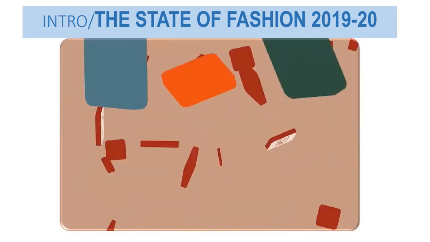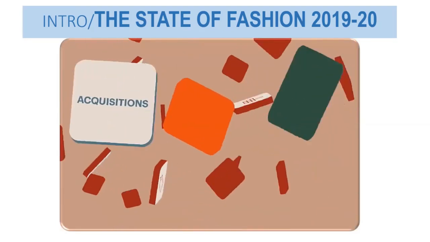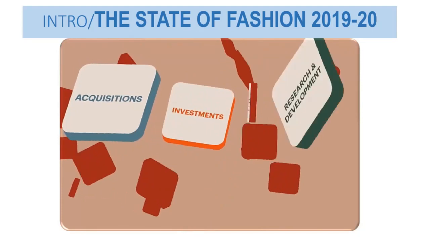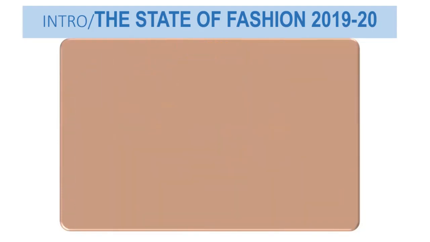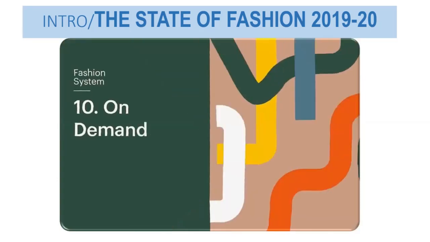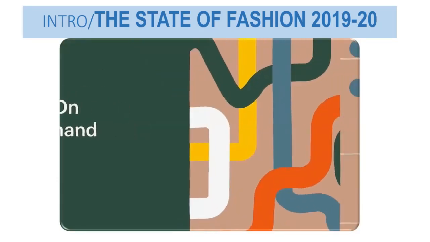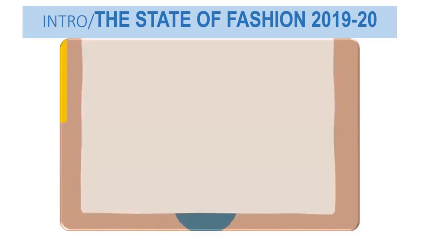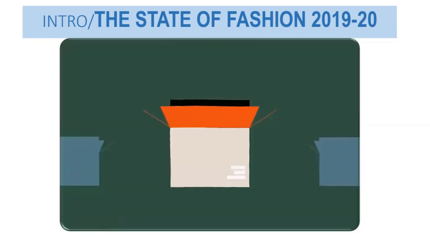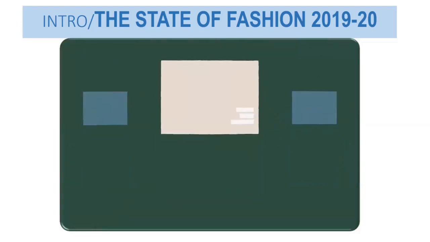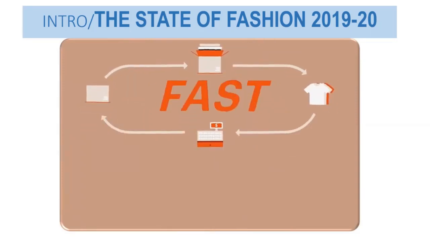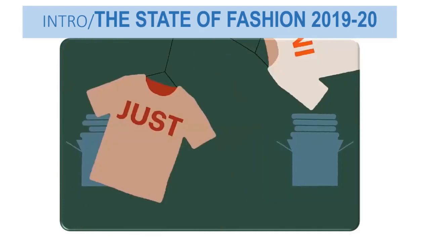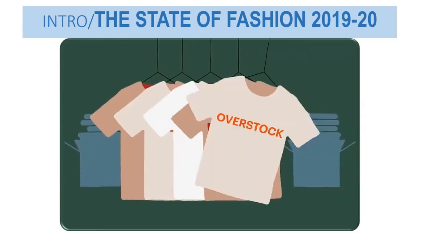Those who diversify their ecosystem through acquisitions, investments, or internal R&D will strengthen their lead. Automation and data analytics have enabled startups to achieve agile made-to-order production. Small batch cycles will become the new norm as mass players respond more rapidly, achieving just-in-time production and reducing overstock.